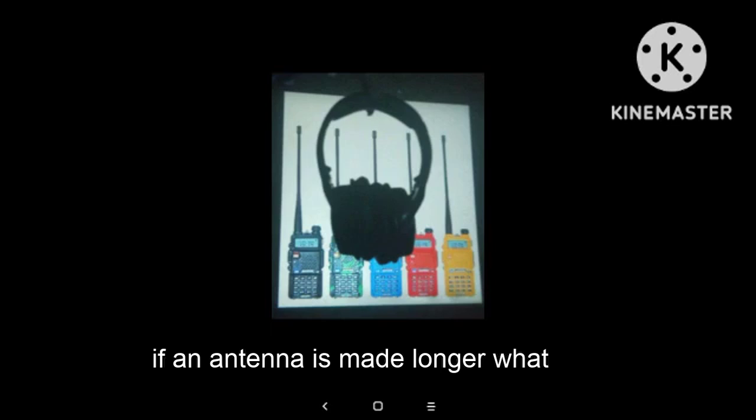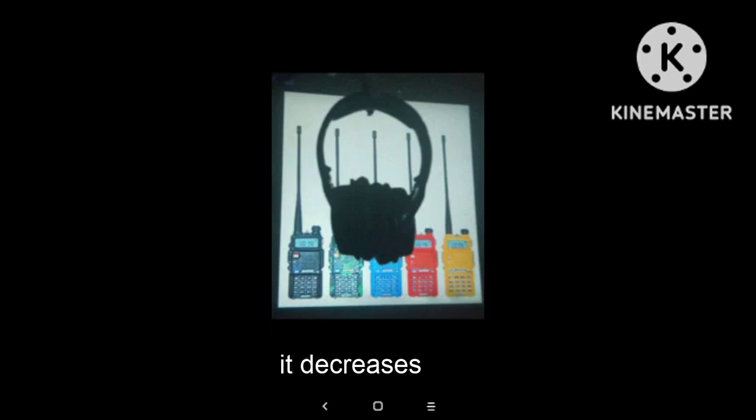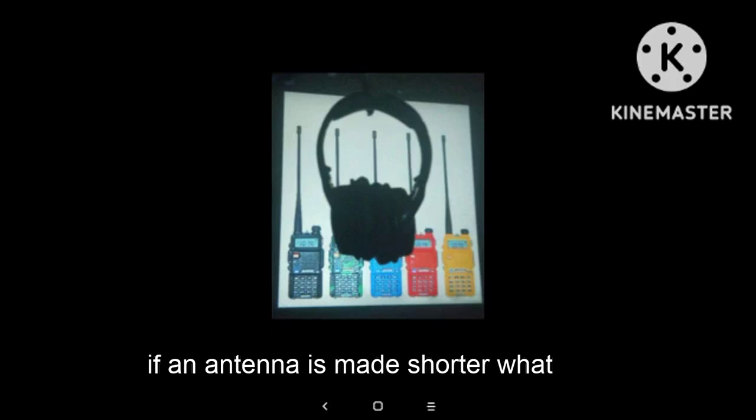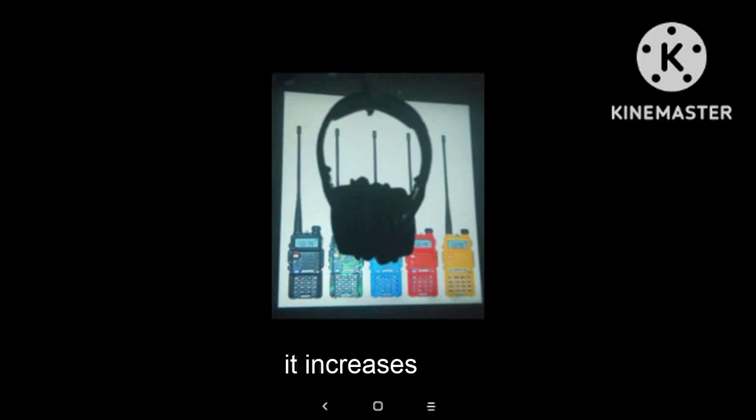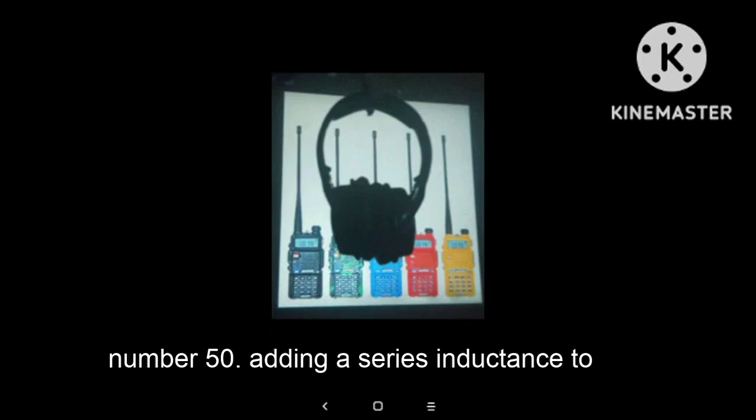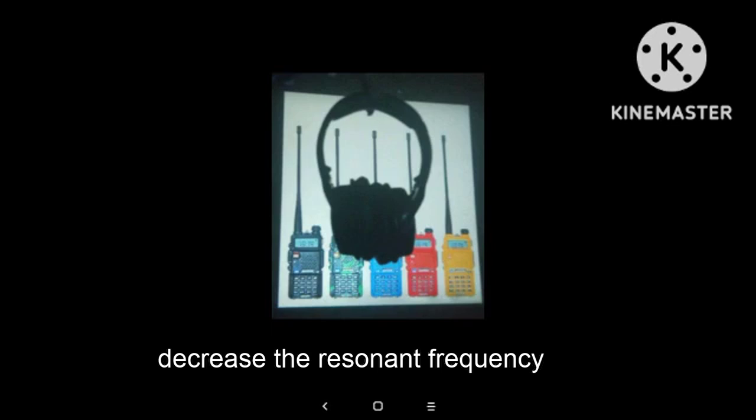If an antenna is made longer, what happens to its resonant frequency? It decreases. Number 49. If an antenna is made shorter, what happens to its resonant frequency? It increases. Number 50. Adding a series inductance to antenna would decrease the resonant frequency.